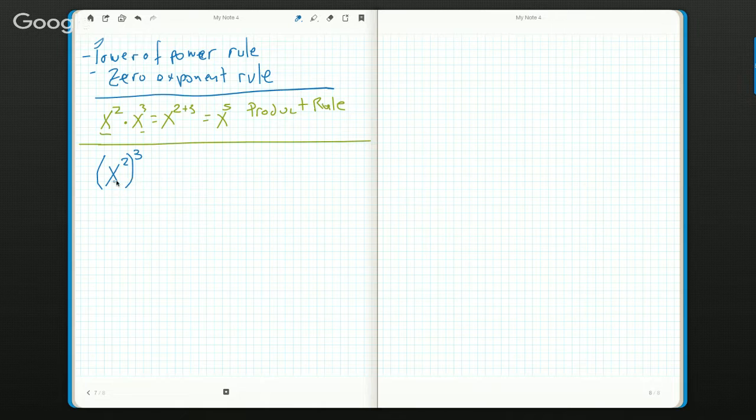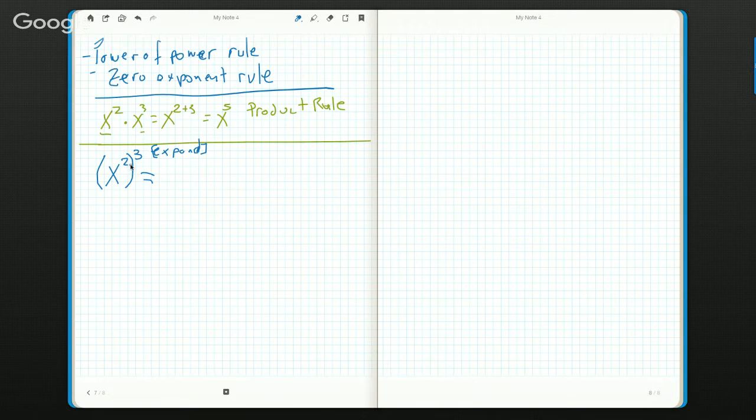So the way that we make sense of this is we're just going to do the same thing we did above. We're going to say we don't really understand what this means, so we're going to expand it. We know what these symbols tell us to do.